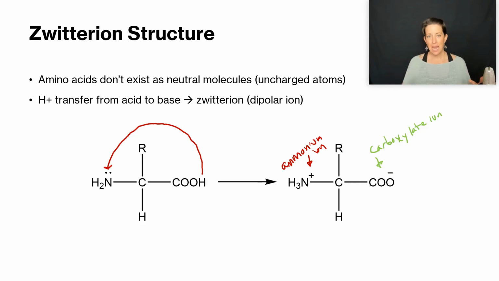Having them ionized allows them to act like salts, where we have the positive and negative ions. Granted, it's in one structure, but it gives it the property of the ions, increasing the solubility of our amino acids to allow them to build up into our proteins or to break down via catabolism or digestion.